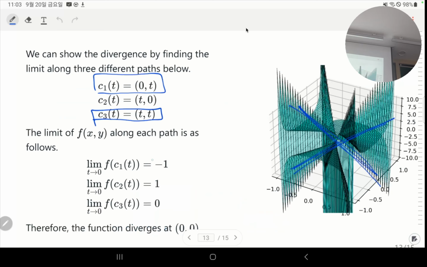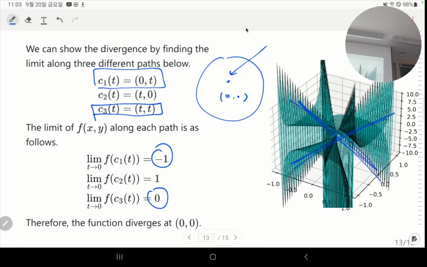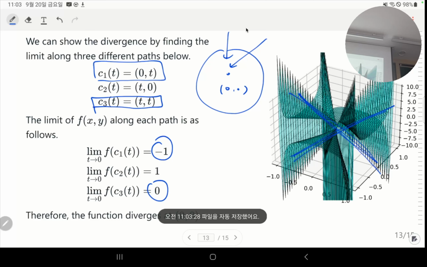So already we have two different limits depending on the path. If it's converging, then if I take any point near (0, 0), the value of the function must be close to a certain number. But if I choose these paths, it goes closer and closer to 0. If I choose these paths, then it gets closer and closer to minus 1.